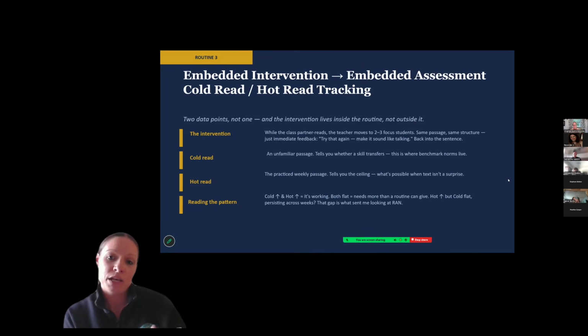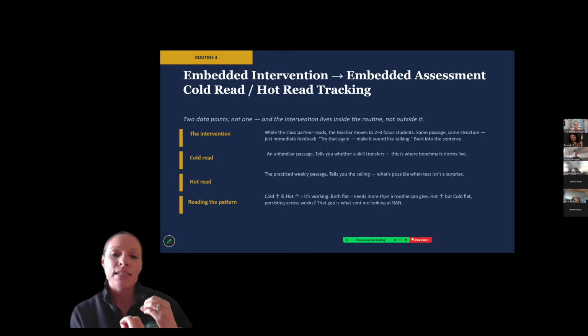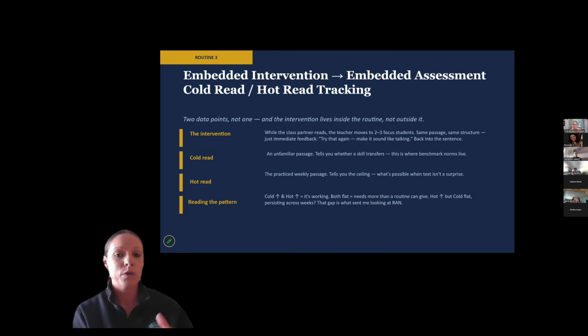Because of this routine that we created in our classroom, it allowed me to identify students that were having a more difficult time with building their fluency and turn this 10 minutes of classroom instruction time into a focused intervention piece that I could target those students.